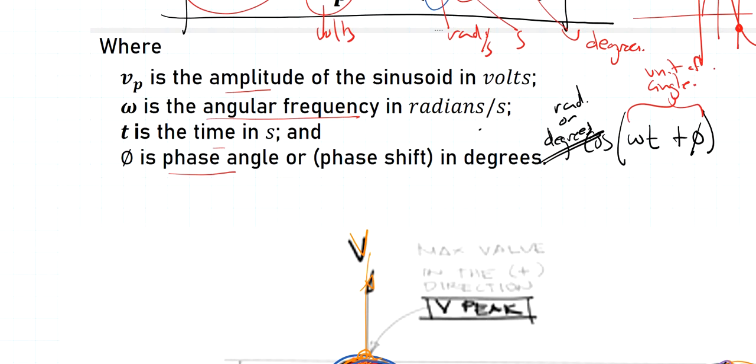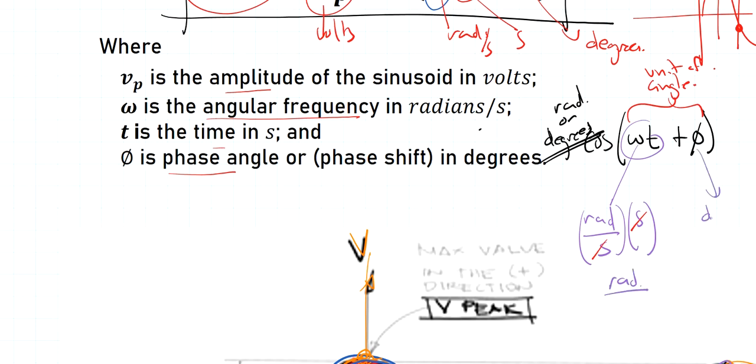But this one right here, the omega is in radians per second, the time is in seconds, and therefore the unit will be in terms of radians, right? So radians, but this one is in terms of degrees.